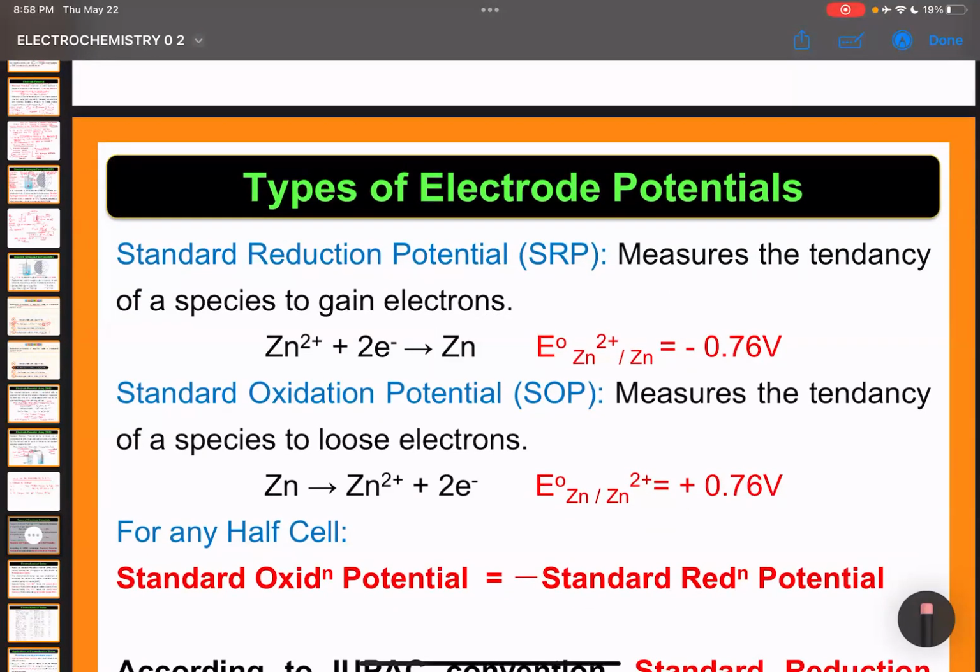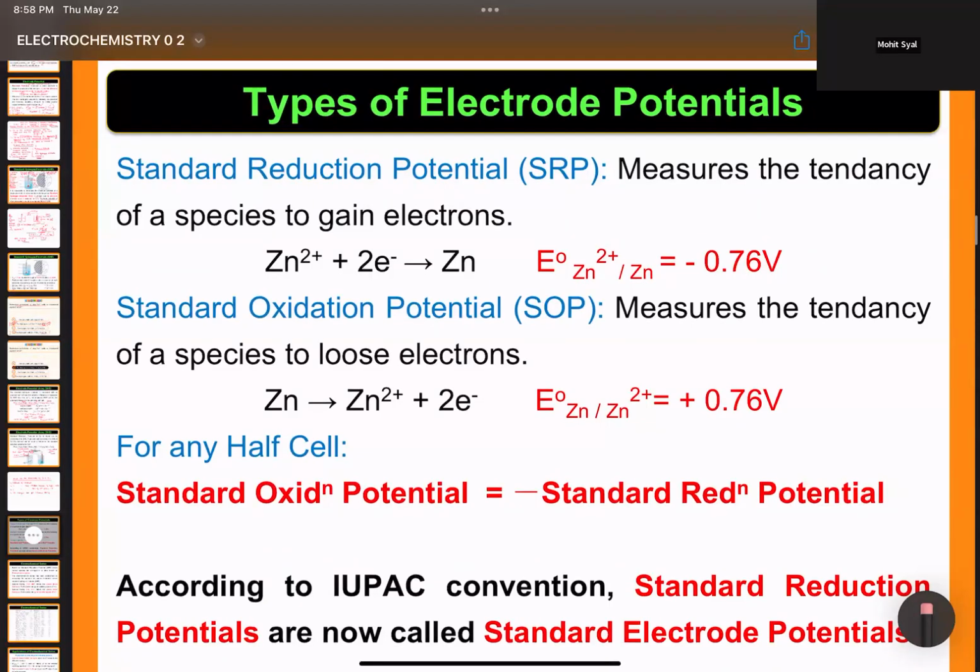Now, how many types of electrode potentials are there? If we dive deeper into electrode potential, now we have the idea of how to get it.